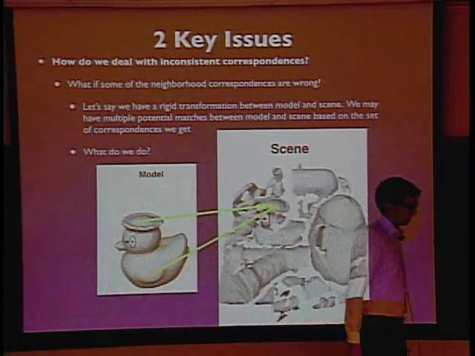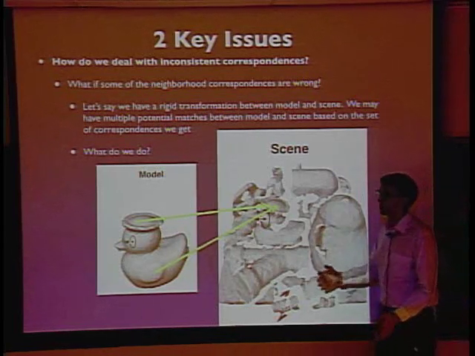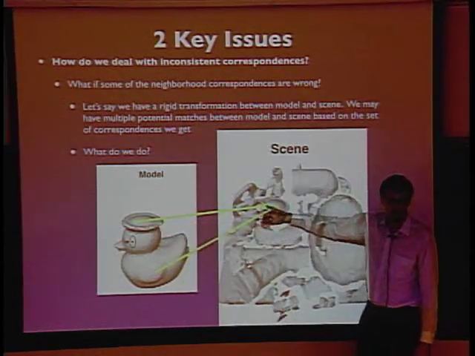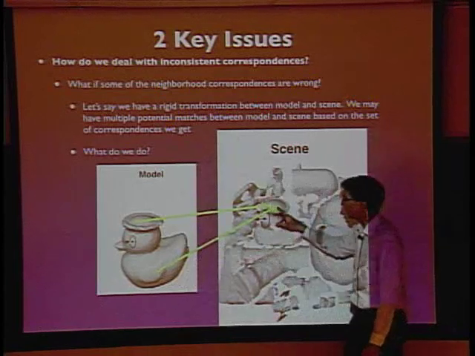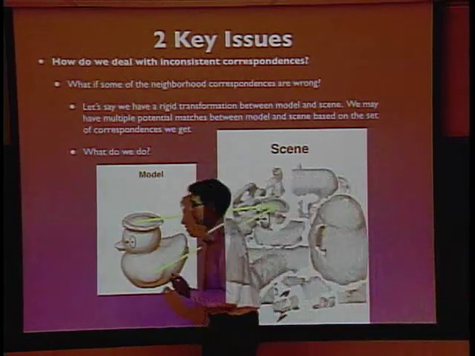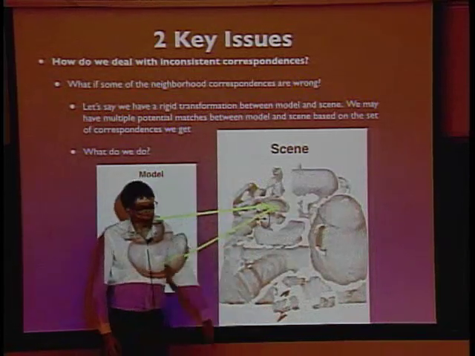But at any rate, you should be getting a hint that something's not quite right here, because it is simply impossible for this part of the object to correspond to here and this part of the object to correspond to here, since we are assuming that the only geometric transformations we have to model between the object and the scene is a translation and rotation. There's no way to translate and rotate the rubber ducky so that you get this part aligning to here and this part aligning to here.